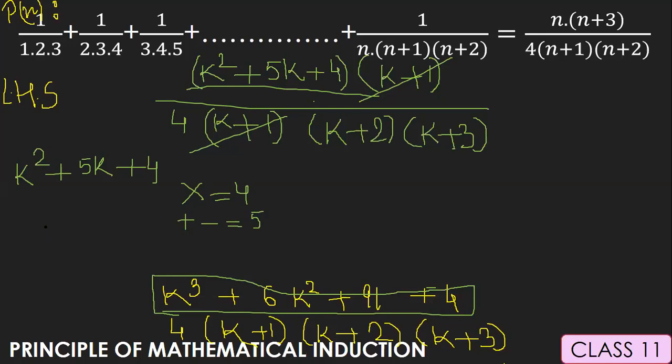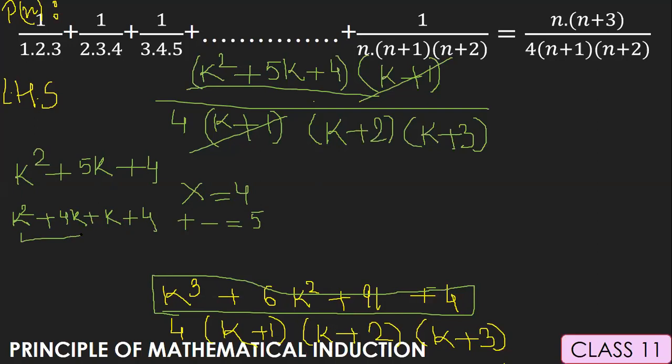So its factors would be 4 and 1. So k square plus 4k plus k, 5k can be written as 4k plus k, plus 4.